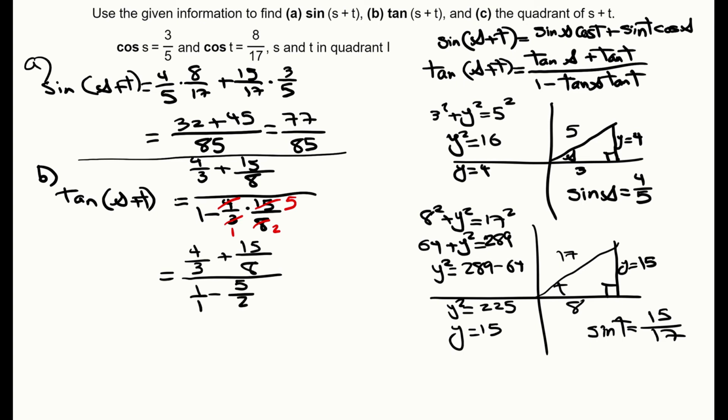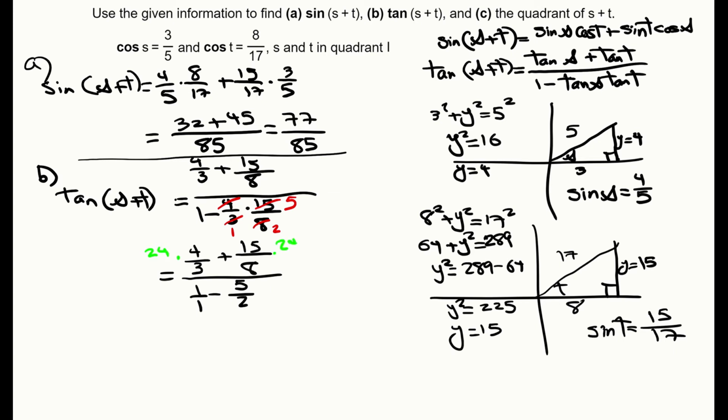Let me go ahead and throw 1 under that. The easiest way to simplify a fraction like that, which is called a complex fraction, is to go ahead and multiply the top and bottom by the LCD of all the denominators. Notice the LCD for all of them will just be 24, right? So we're going to do that. We're going to go ahead and multiply 24 and distribute.